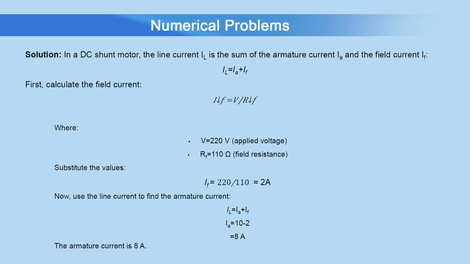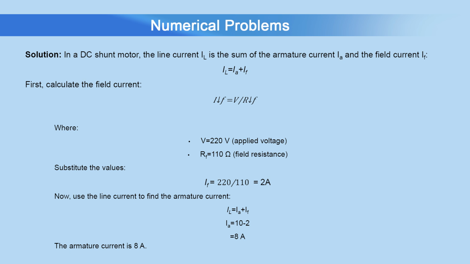Let us remember the arrangement of a DC shunt motor. In a DC shunt motor, the armature winding is connected in parallel with the shunt field winding. So the line current is equal to the armature current plus the field current. Here the line current is given, but we don't know the field current or the armature current.